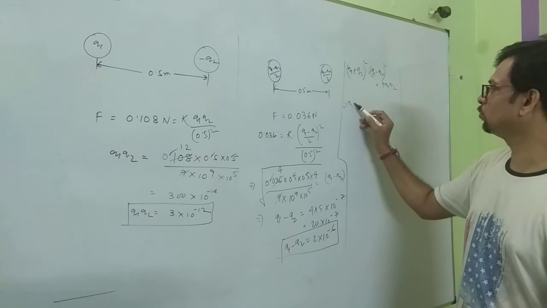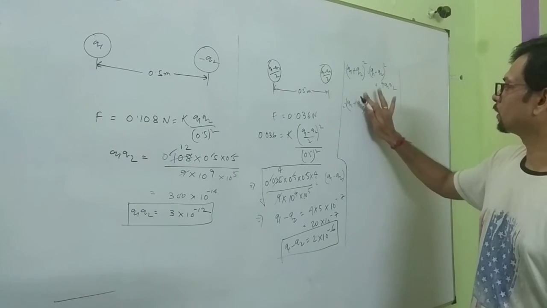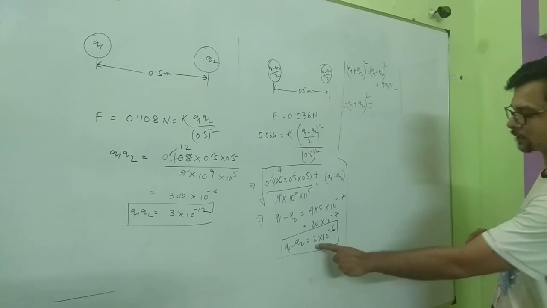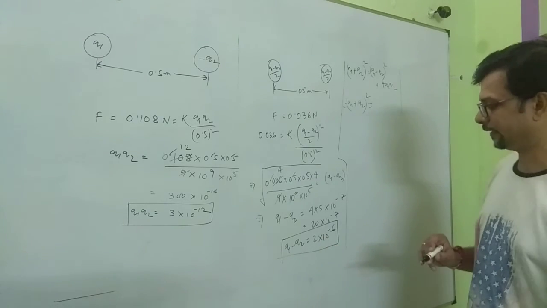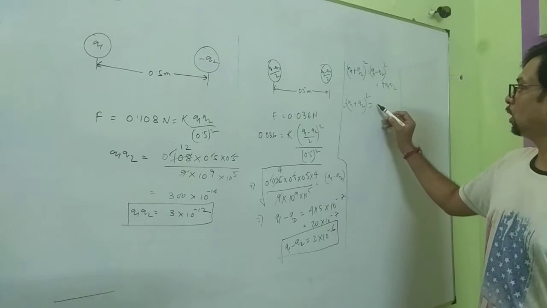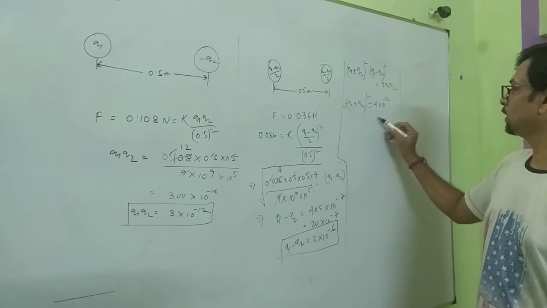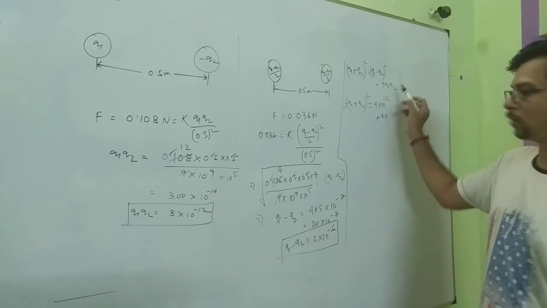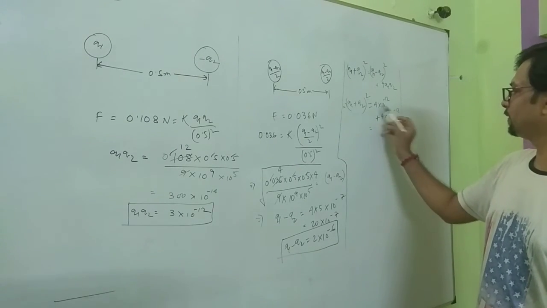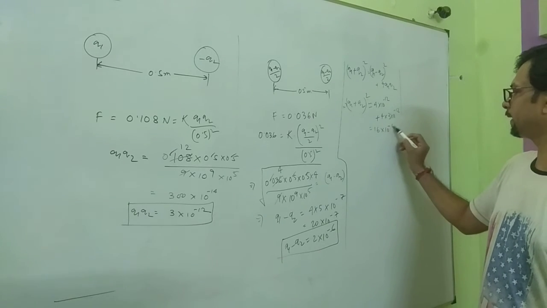So (q1 plus q2) whole square will be equal to 4 into 10 to the power minus 12 plus 4 into q1 q2, that means 3 into 10 to the power minus 12. So it will be 4 plus 12, that is 16 into 10 to the power minus 12.